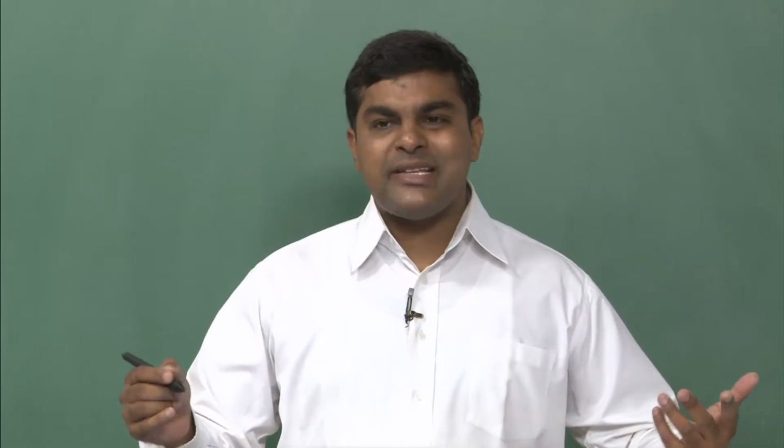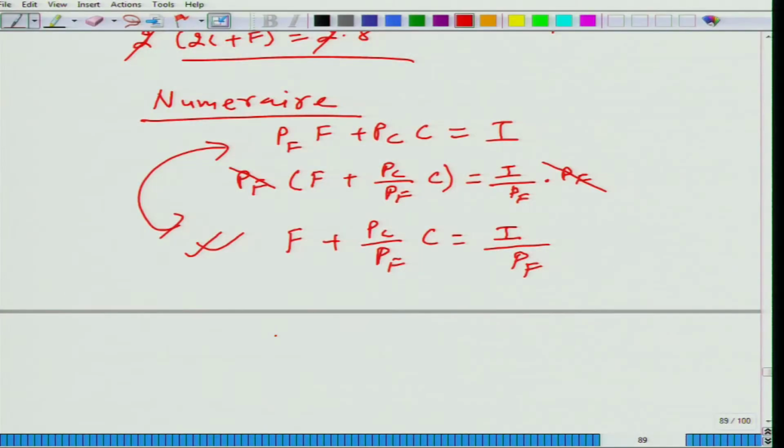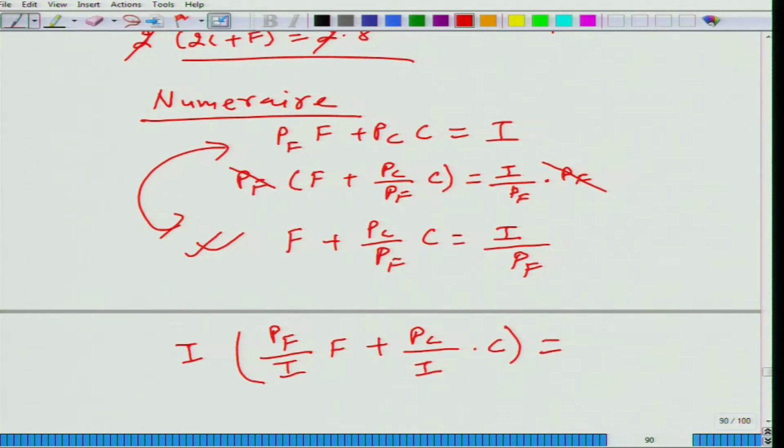It is not necessary that we make the first good the numeraire good. You can do it with the second good also, or you can do it with money. You can say that the money available to me is 1. What we are doing is taking I common: Pf by I multiplied by F, plus Pc by I multiplied by C, equals I divided by I. The I and I cancel.